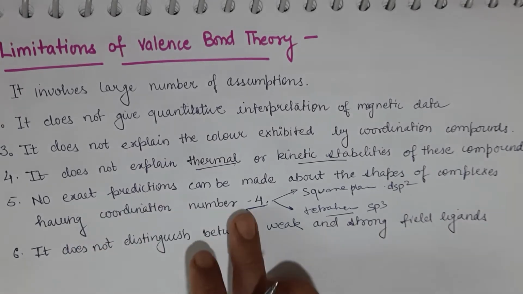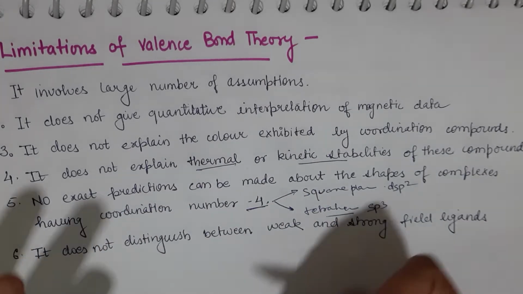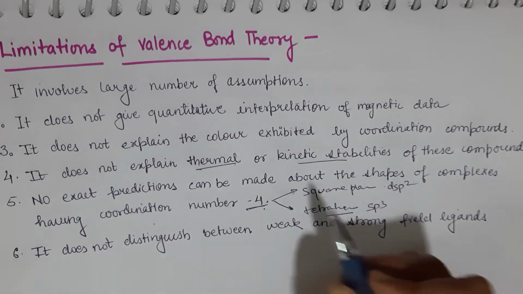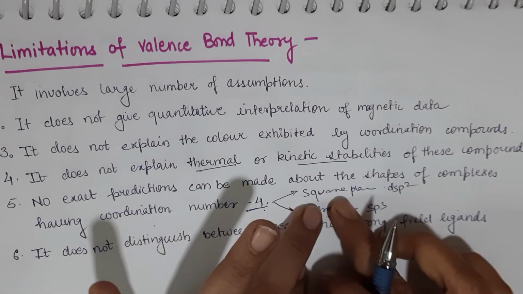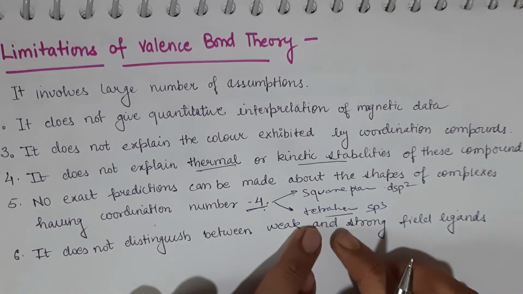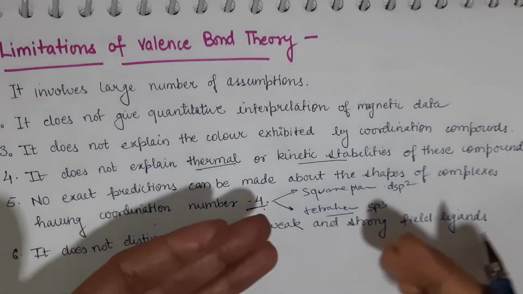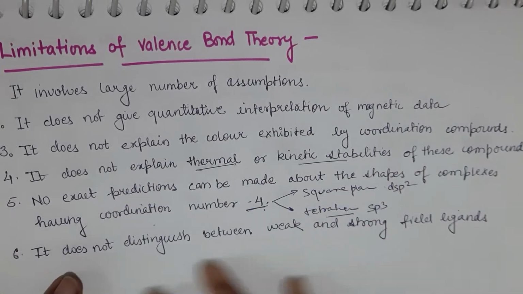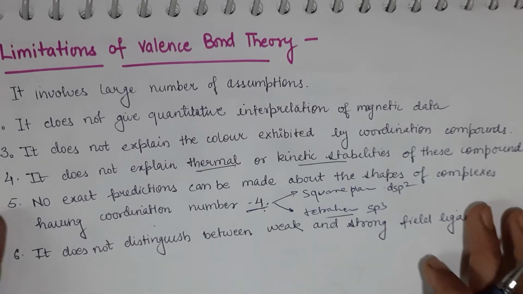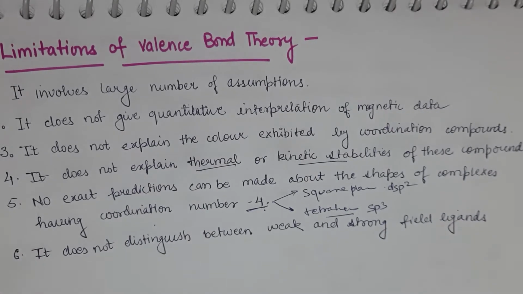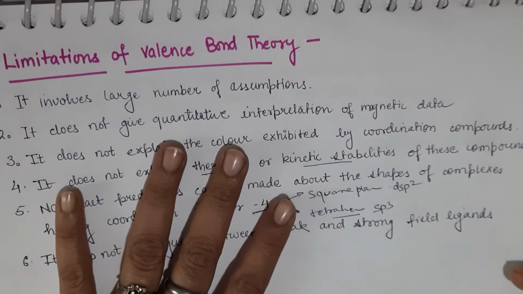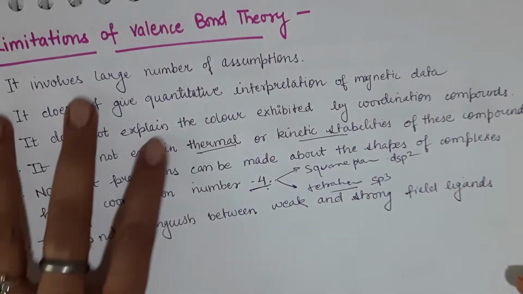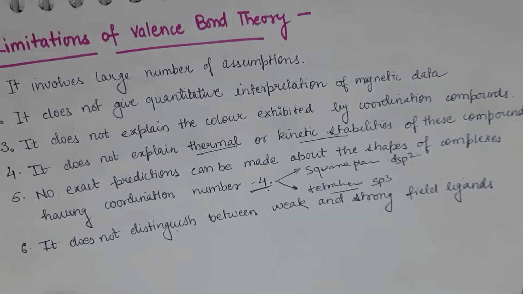By just seeing the coordination number 4, we can't tell whether that compound is square planar or tetrahedral. So here is also a confusion. It does not distinguish between weak and strong field ligands. We have to just mug up that this ligand is strong and that ligand is weak. So all these are the limitations of valence bond theory.